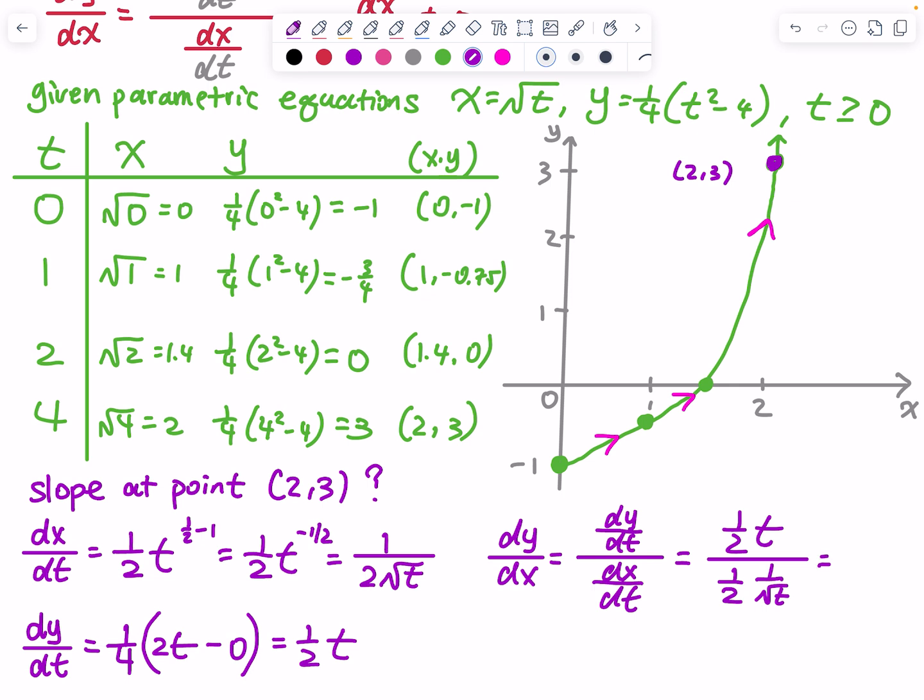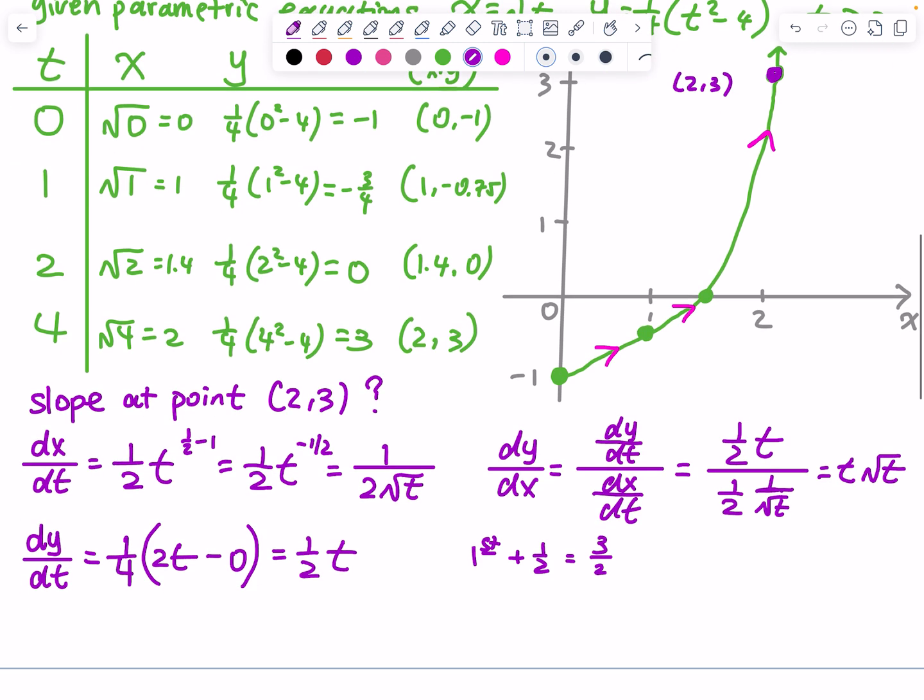And then this is 1 over root t, that will be t times square root of t. So that will be the first power plus the 1/2, so that is equal to 3 over 2. And then my dy dx is equal to t to the 3 over 2, or I would say the square root of t to the third power.